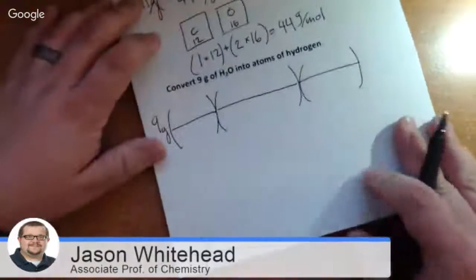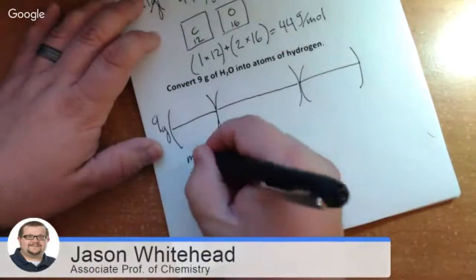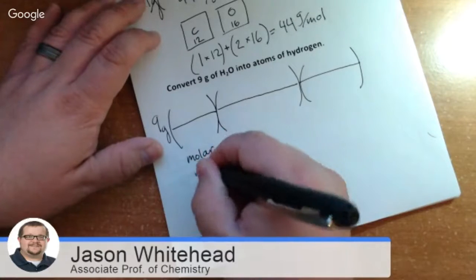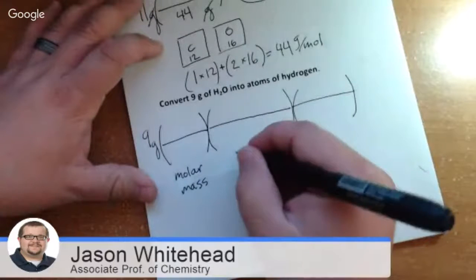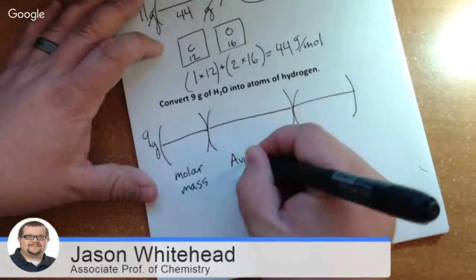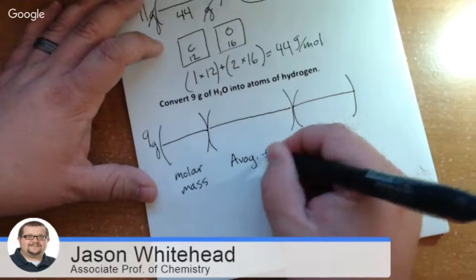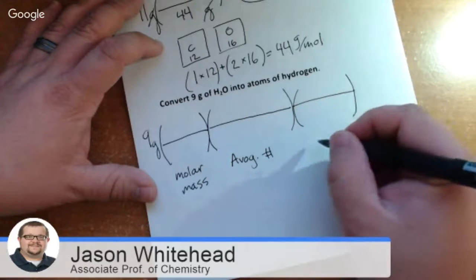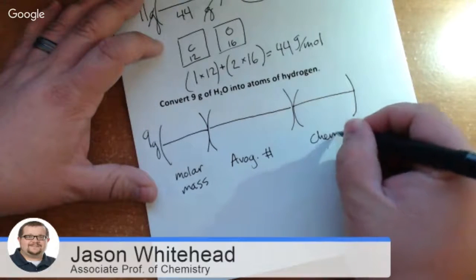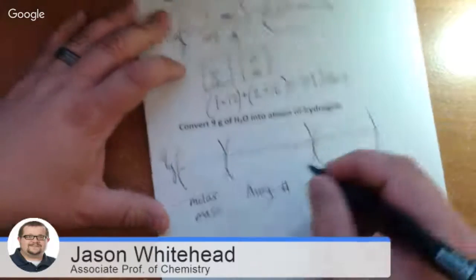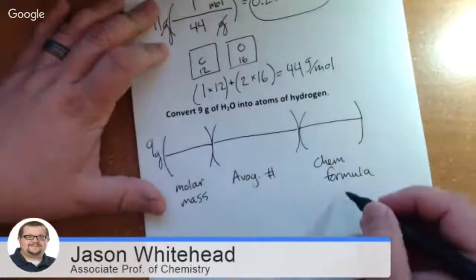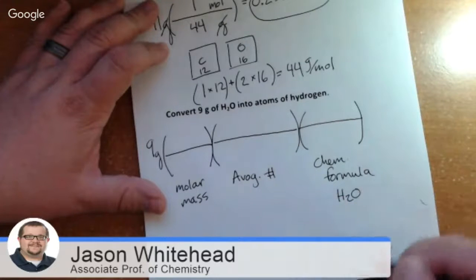So let's label this. So I need molar mass, I need the Avogadro's number, and I also need the chemical formula. Or in this case, since we're dealing with H2O, the chemical formula is H2O.